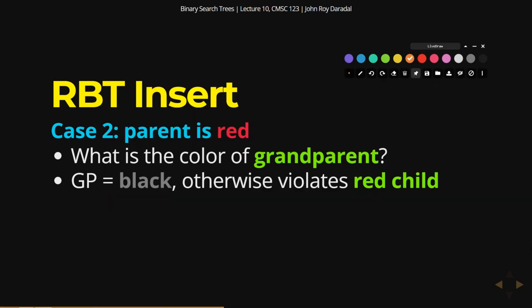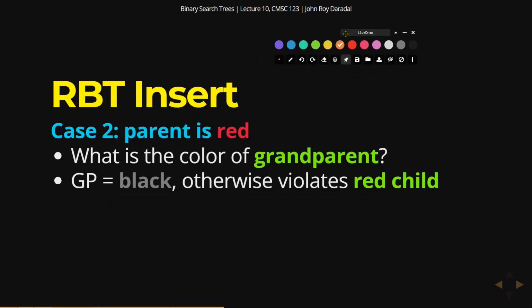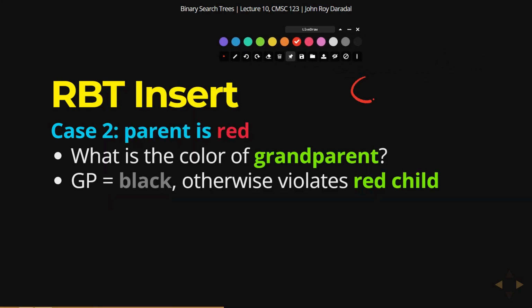So if the parent is red and this is the new node, the parent of the parent, which is the grandparent, should have been black, right? Because if this was red, then this would have been a violation already, so this is not a valid tree already.